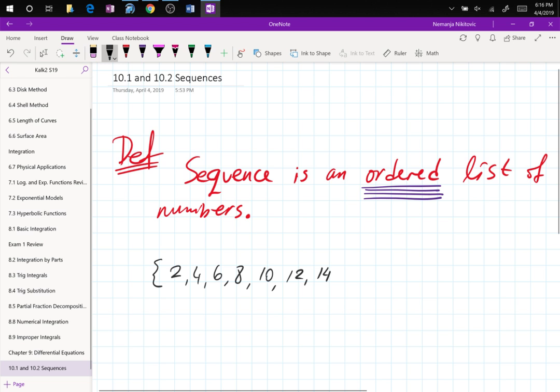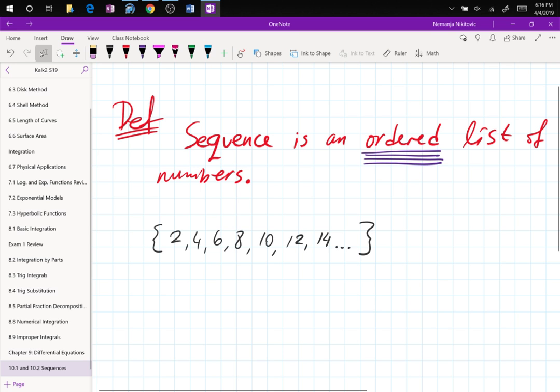Why did you say 14? Because you're counting by 2. Because you picked up the pattern. I'm counting by 2, so there is an order. If I ask you what's the next one, you will say 16, right? And I put 3 dots to emphasize that this is going to go on forever.